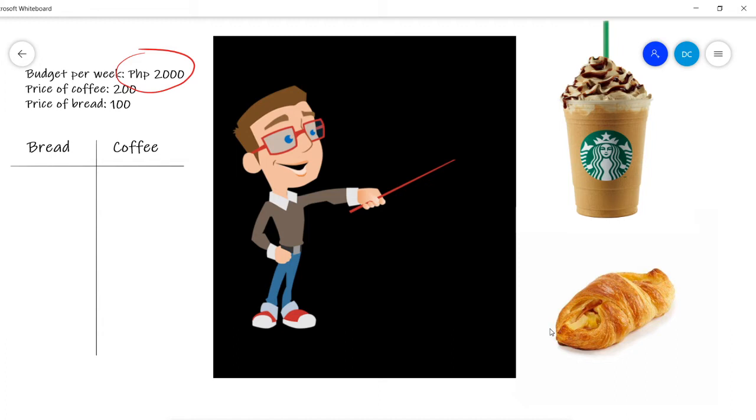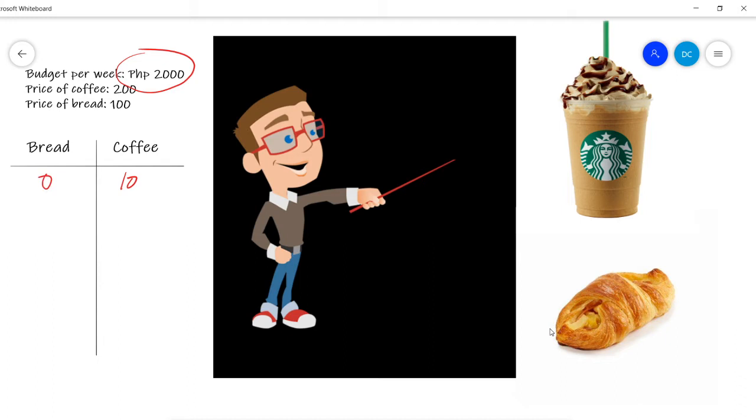Gaano kaya karaming kape ang pwede kong mabili sa 2,000 pesos that I have per week? So if the coffee is 200 pesos, I can buy 10 coffee. If I buy 10 coffee, I can no longer buy a bread, kasi syempre, inubos ko na dun sa kape.